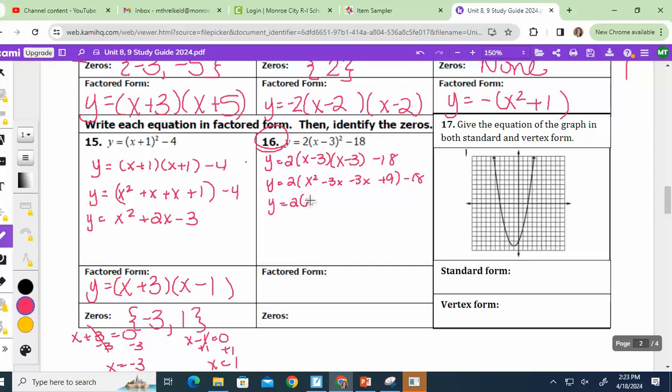Let's just go ahead and distribute. Take my 2 through, get 2x squared minus 6x minus 6x plus 18, and I still have that minus 18 on the end.